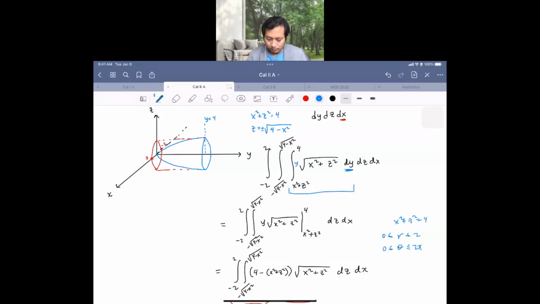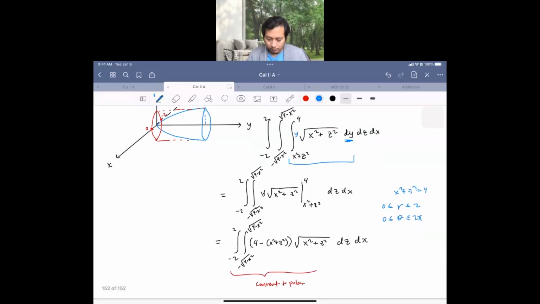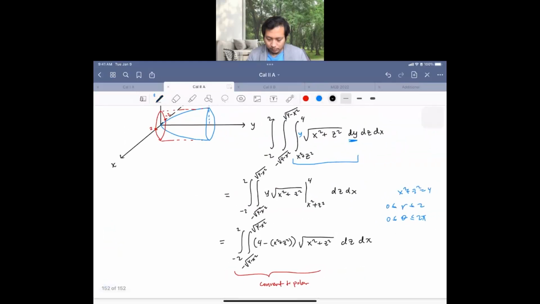Okay, because it's a perfect circle centered at 0, 0, right? Unless you want to change the center, and then it will be a different theta. So we can write down, convert to polar, and it becomes 0 to 2 pi and 0 to 2.